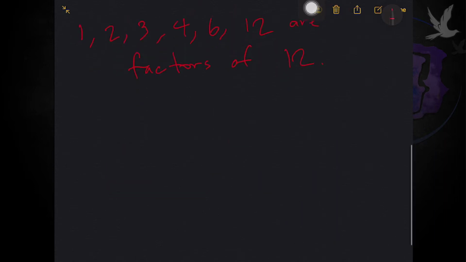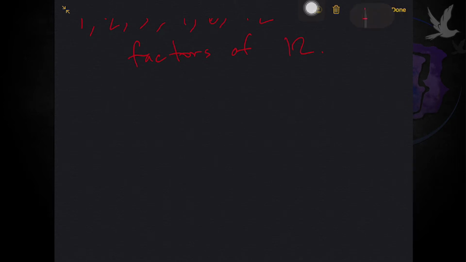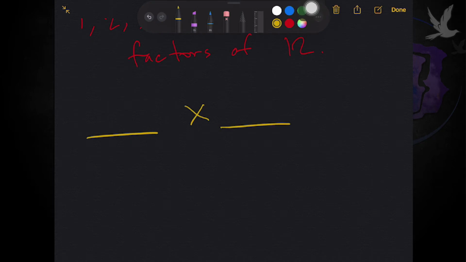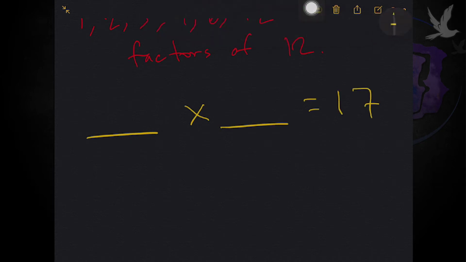Okay, another example. Let's try to find factors of 17. Try to think of factors of 17. Again, to start with, it's better if we start with the number itself and 1. 17 times 1 will give you 17.